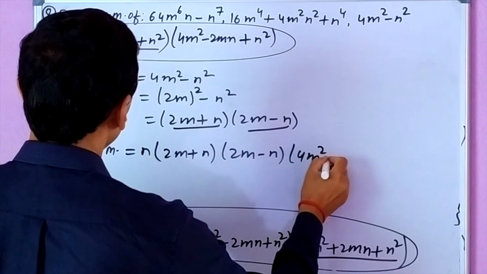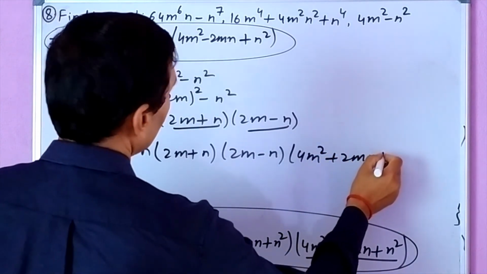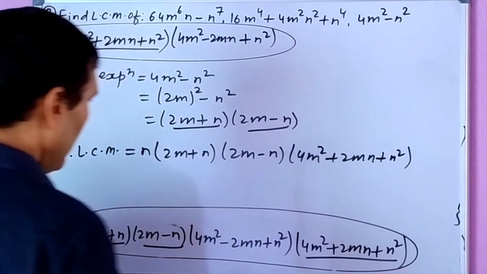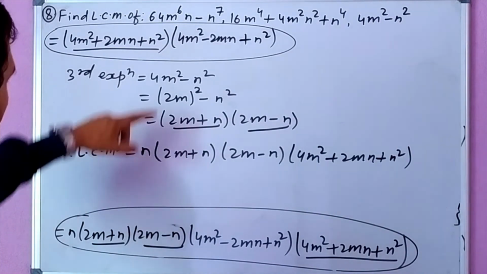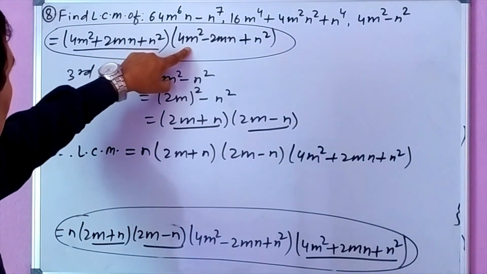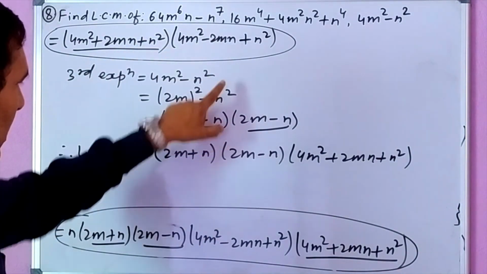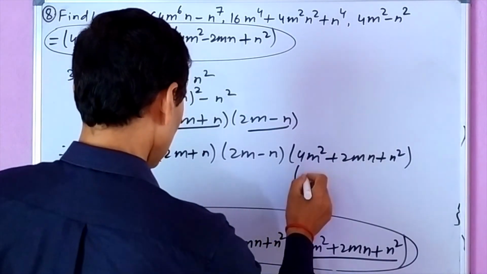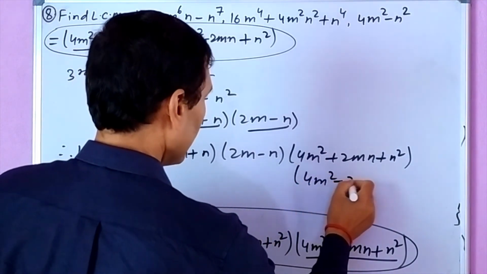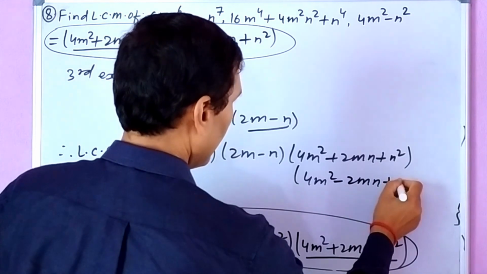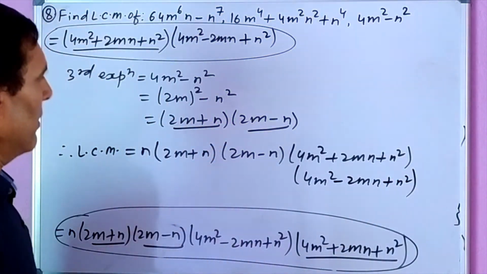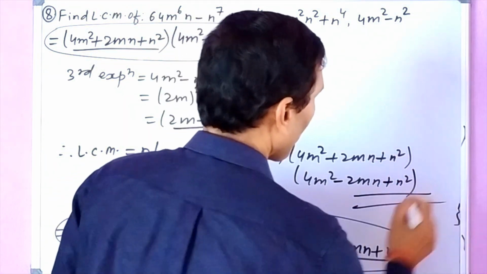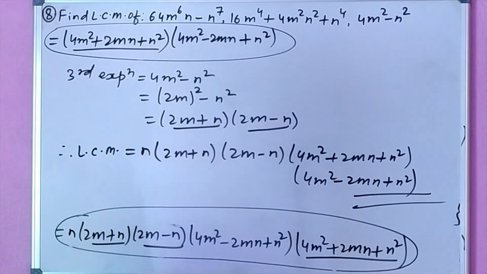And what is remaining here? 4m square minus 2mn plus n square is also common here. So this is the LCM of the given expressions.